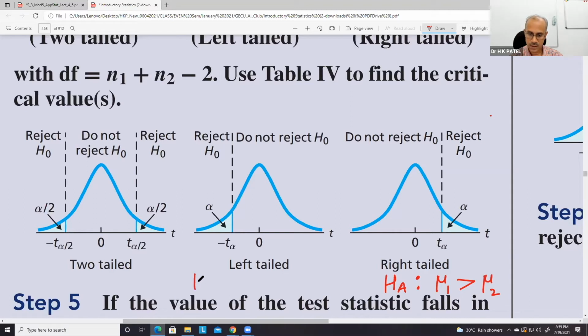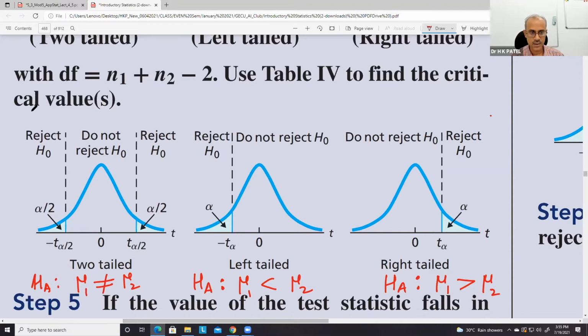Left tail alternate hypothesis is mu1 less than mu2. And two tail, so alternate hypothesis is mu1 not equal to mu2. These are our three alternate hypotheses.